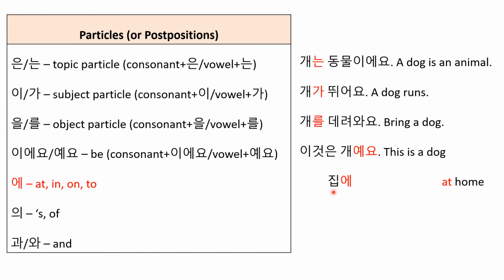So 집에 means at home. 개는 집에, a dog at home. 있어요 means there is. 개는 집에 있어요 means a dog is at home. Verbs always come last.